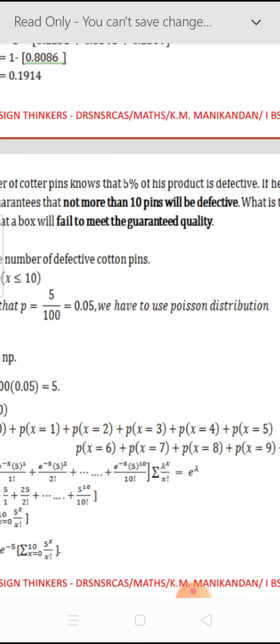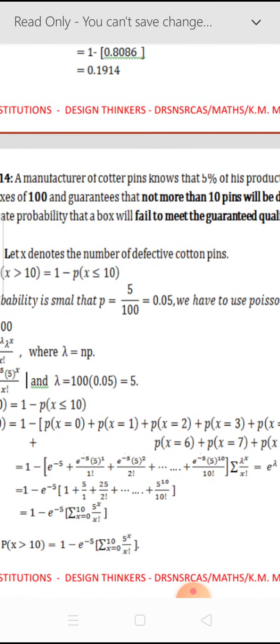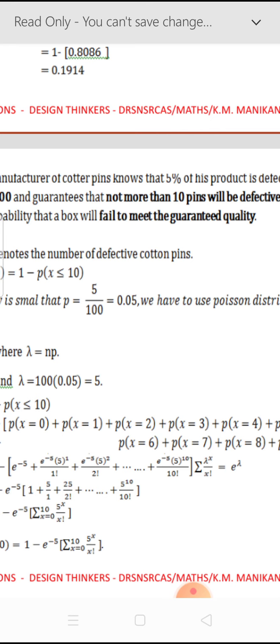What is the probability that his demand is to be refused? That means his guarantee will fail to meet the guaranteed quality, when the number of defective pins is more than 10.